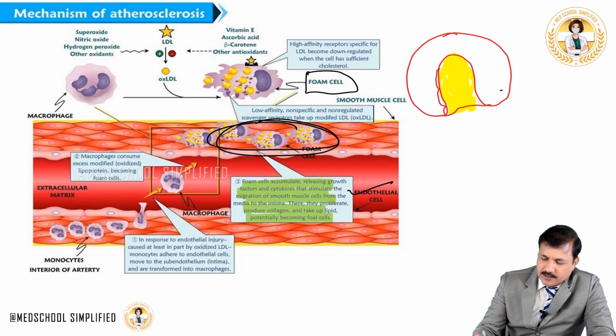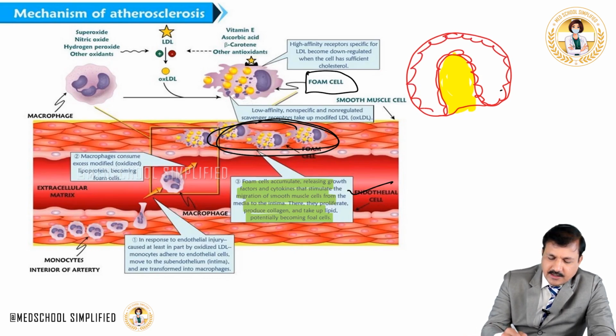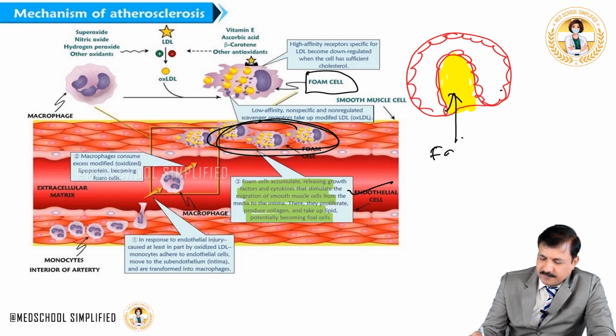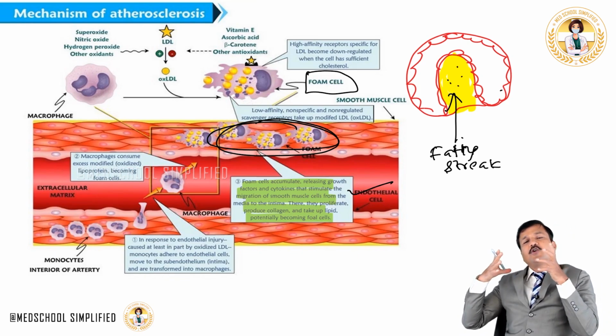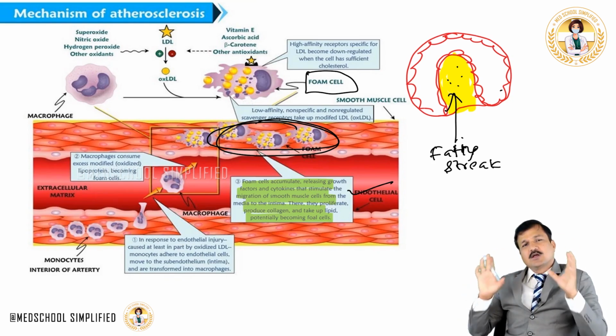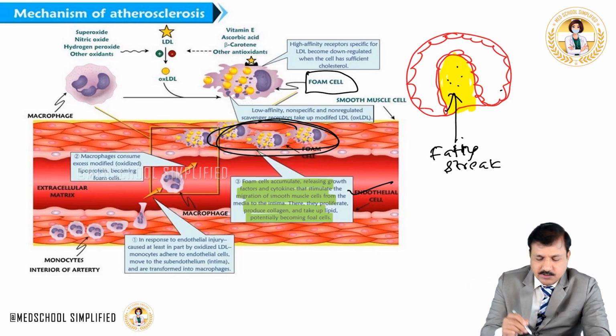So I'm drawing the endothelium here. This is the lumen of the blood vessel, and as you see, the fatty streak has simply bulged. Fatty, F-A-T-T-Y, fatty streak. This fatty streak is basically a collection of all the foam cells bulging inside. So because of this, what will happen?